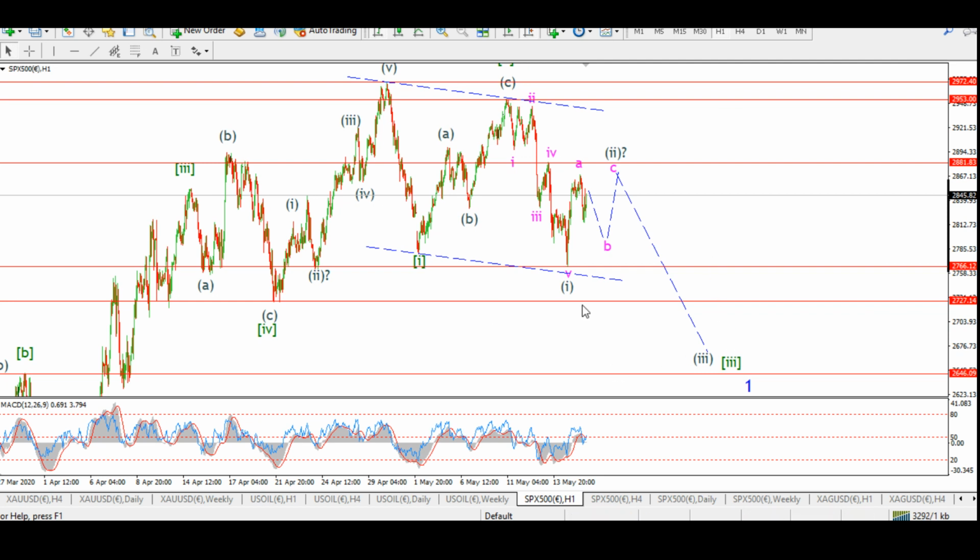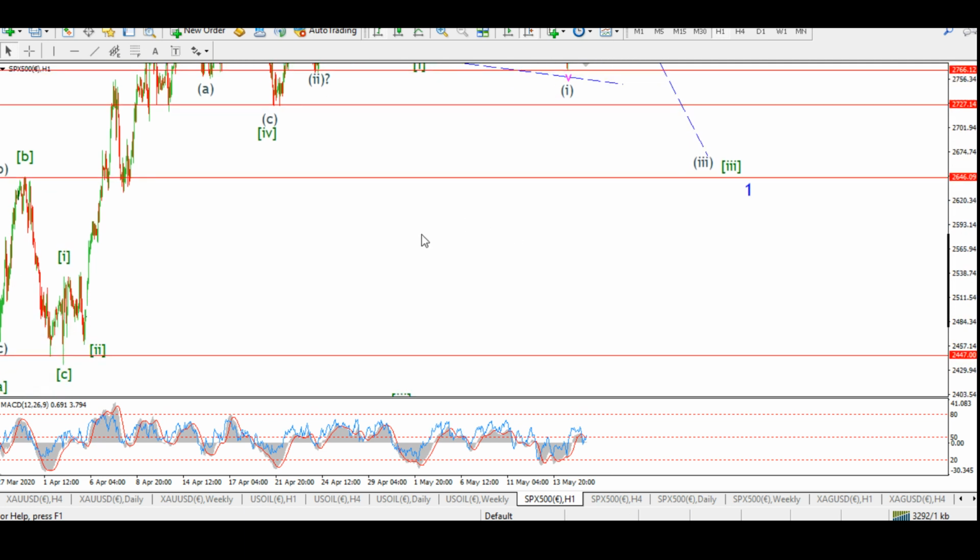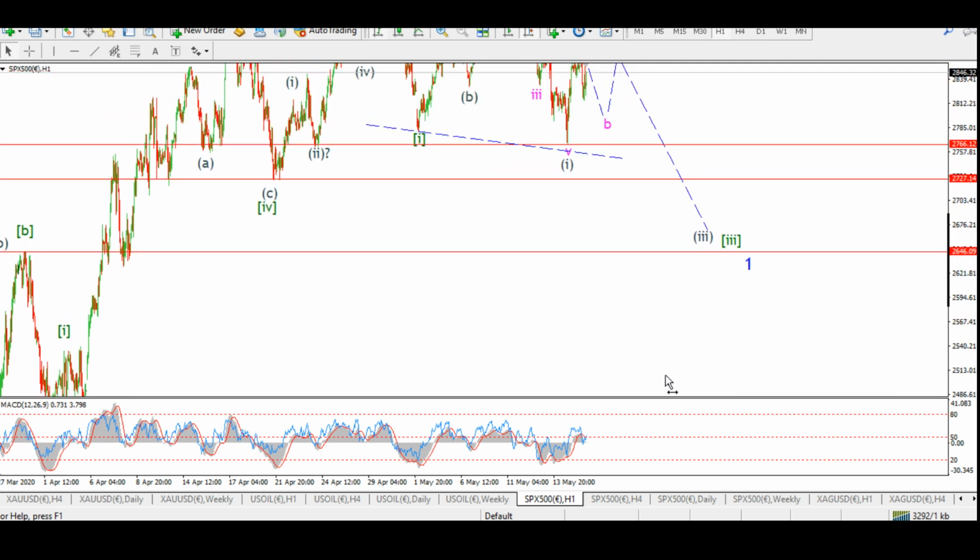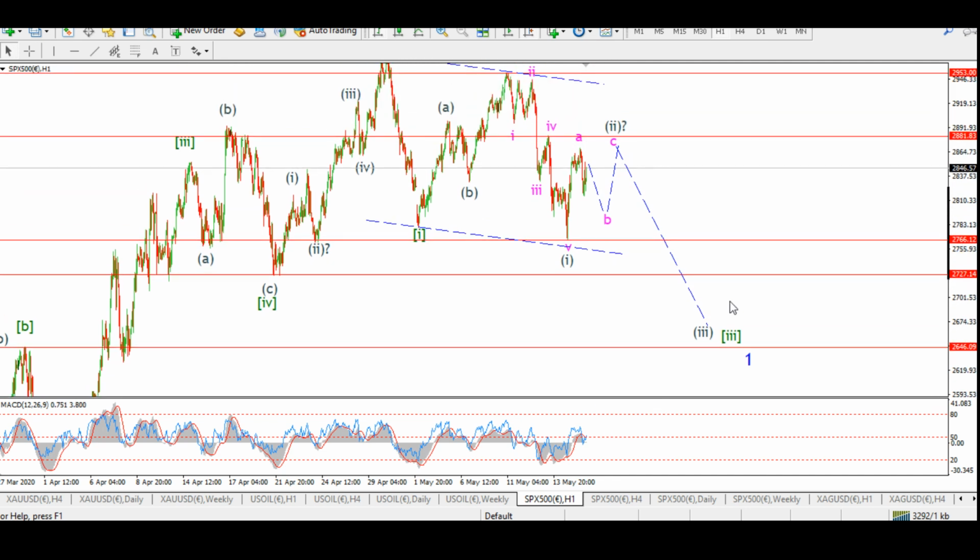It should be strong enough to start bringing us back down to the 2500, 2400 levels again, and it should do it in short order, maybe just a week. And if that's the case, then we should watch out for a significant tradable lower high in wave 2 to lead us down into wave 3 next week.